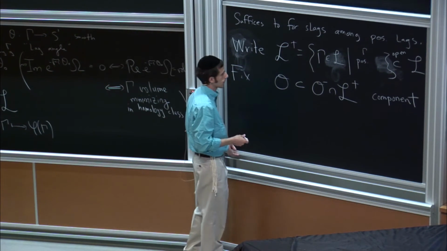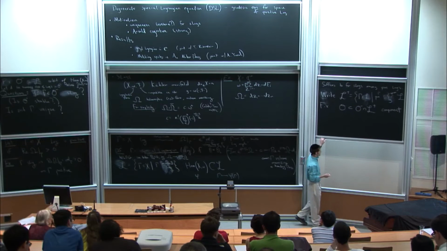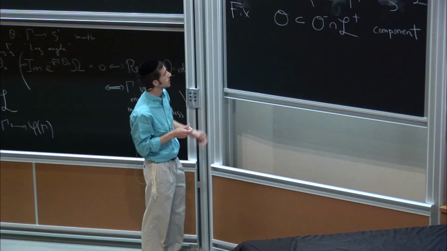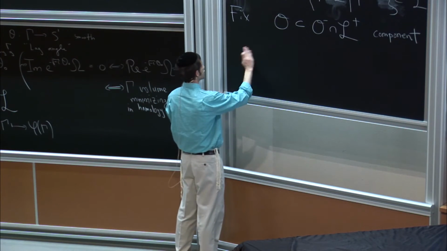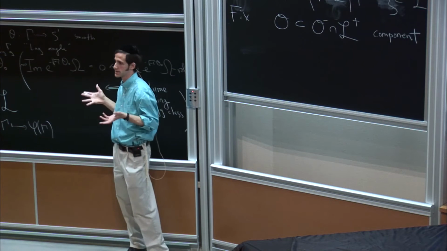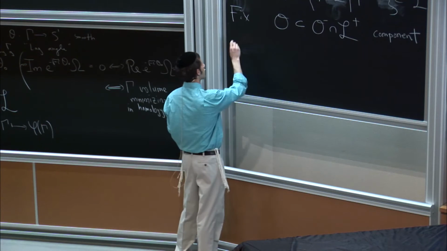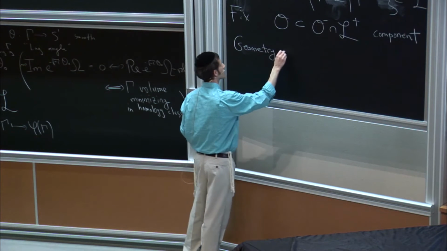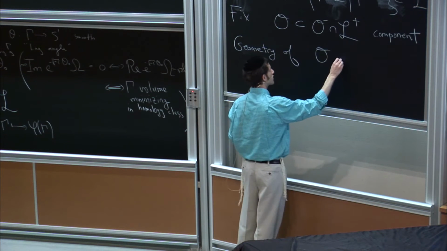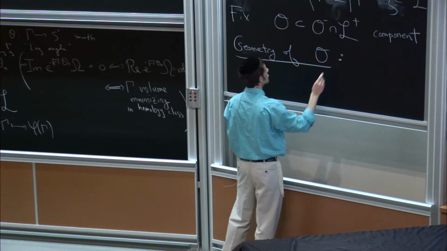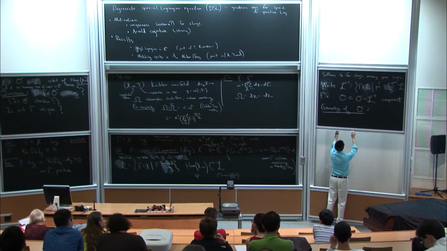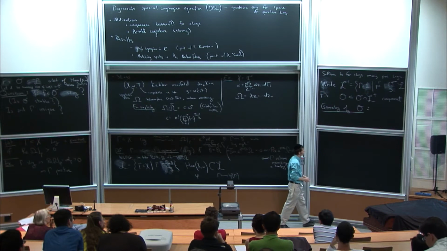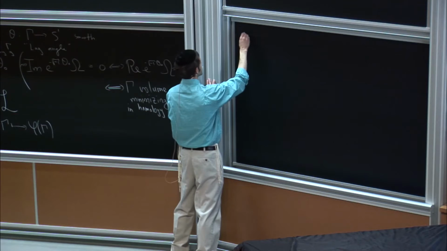All right. Now, what do we gain by focusing just on positive Lagrangians? I want to understand this space geometrically. The first thing is to think about the tangent space.